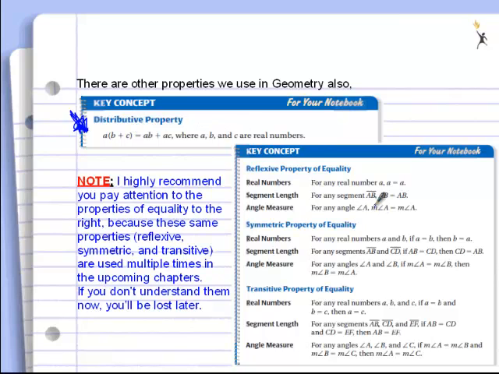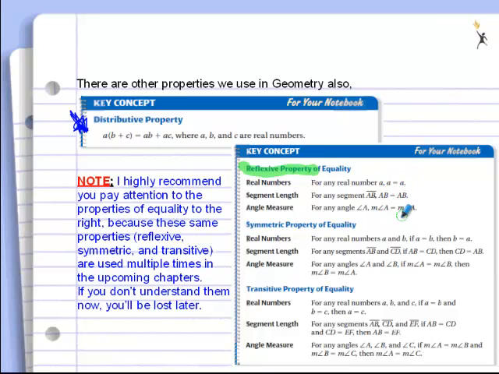We also have different properties of equality. We have the reflexive property, where a equals a, or the same thing equals itself on both sides. It's reflexive. It's like a mirror. It reflects. A equals A. AB equals AB.